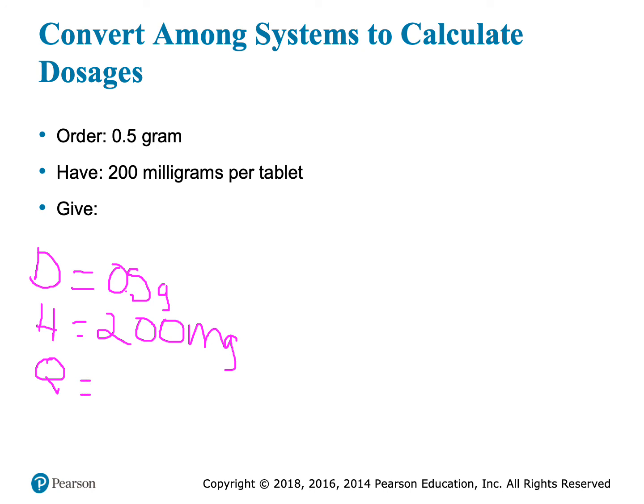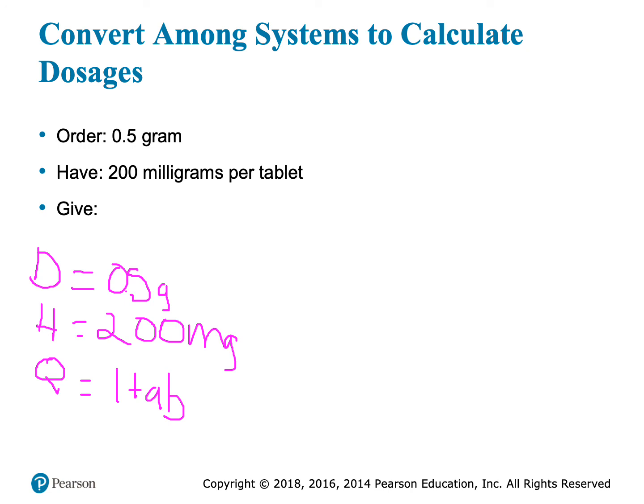And then our quantity is 1 tablet. Okay, so let's look at our dosage and our have. Are they the same units? No, they're not. So the easiest way is to convert what was ordered to what we have, right?